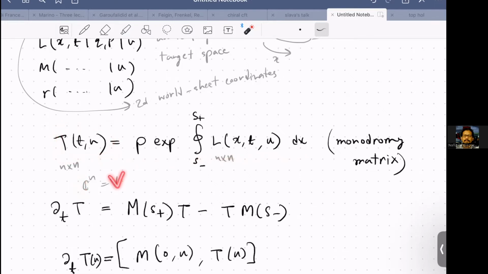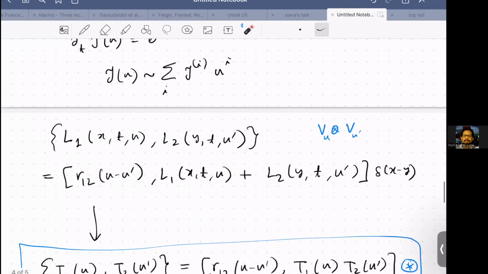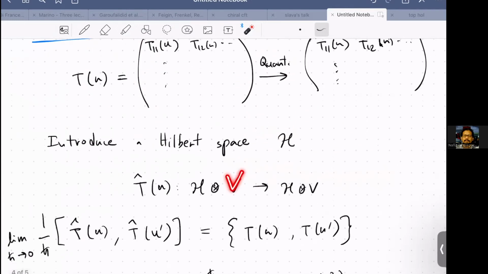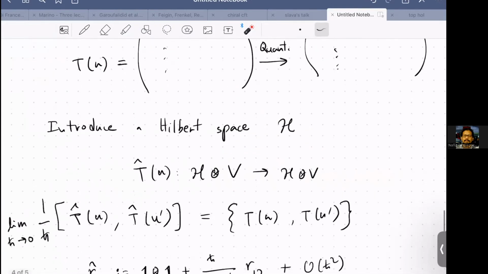And I'm saying that let's call it V. So this n by n matrix acts on a column vector which has n entries, an n-dimensional vector, and that vector is coming from this vector space V. And these entries themselves are acting on a non-trivial vector space, which is H. So V is just, let's say, C to the n.